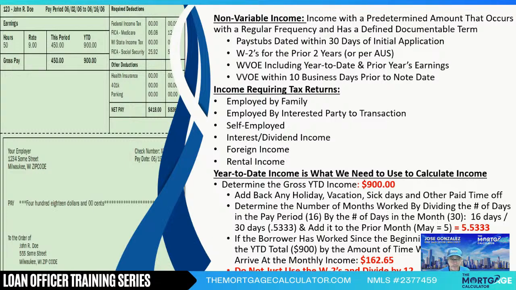Let's just put it that way. So really important, year-to-date income is the key. And we only use the W-2s to confirm the continuity of the income, to see if it's the same or if it has declined. So that's it for calculating the income for non-variable income borrowers.